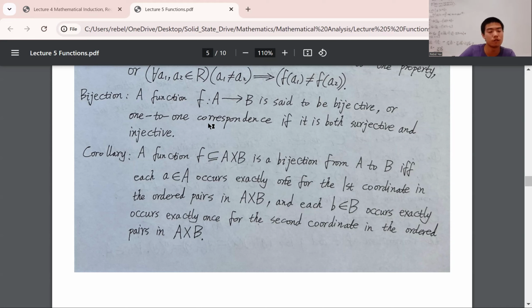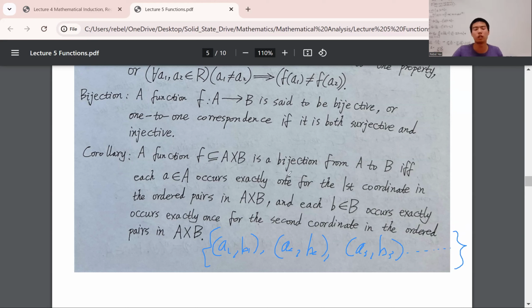So which means if it's a bijection, then what's the character inside the set? A1, B1, A2, B2, A3, B3, and it goes down to infinity. And the only rule it follows is that A must appear only once and B must appear only once.